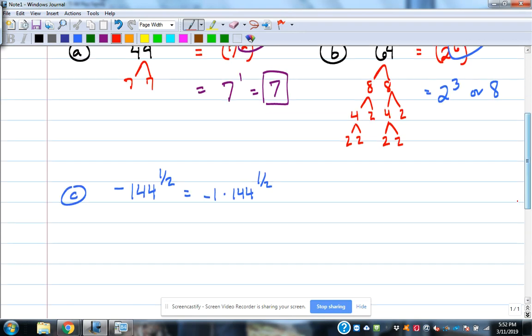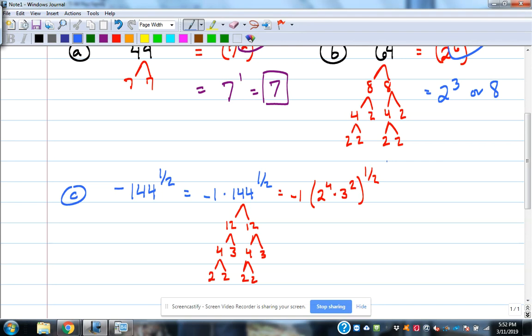So we just work that 144 to the 1/2 out and think, okay, well, that's 12 times 12. And it's 4 and 3, 2 and 2. And this 12 does the same things. So it's really -1 and then 2 to the 1, 2, 3, 4th power and 3 to the second power.